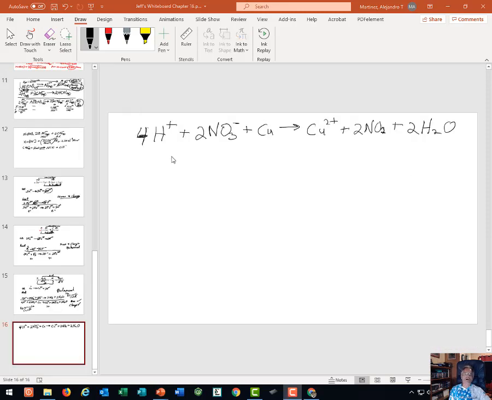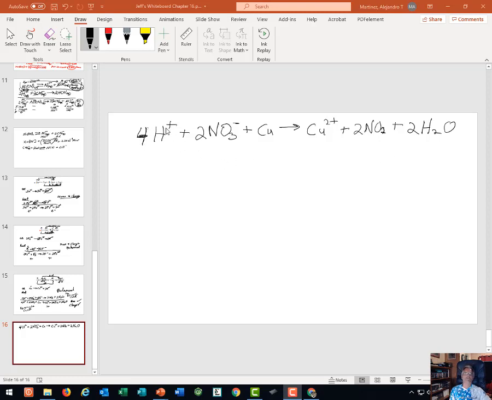So we just balanced this reaction under acidic conditions. Now we want to simply convert it to basic conditions. How do you convert a reaction from acid to base? You add hydroxide, and that's exactly what we're going to do.